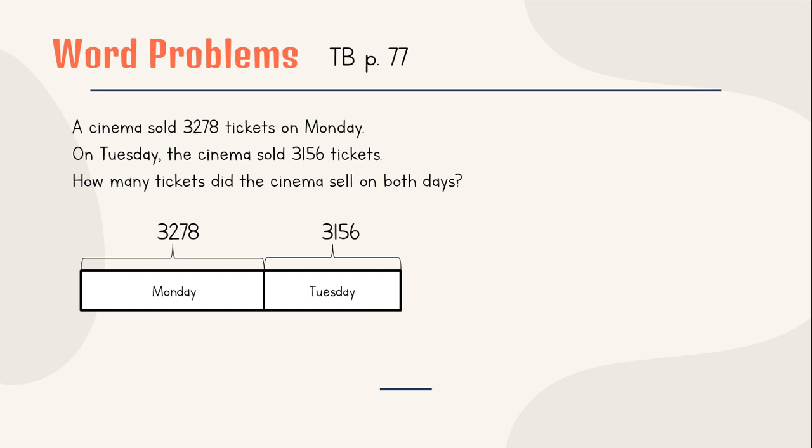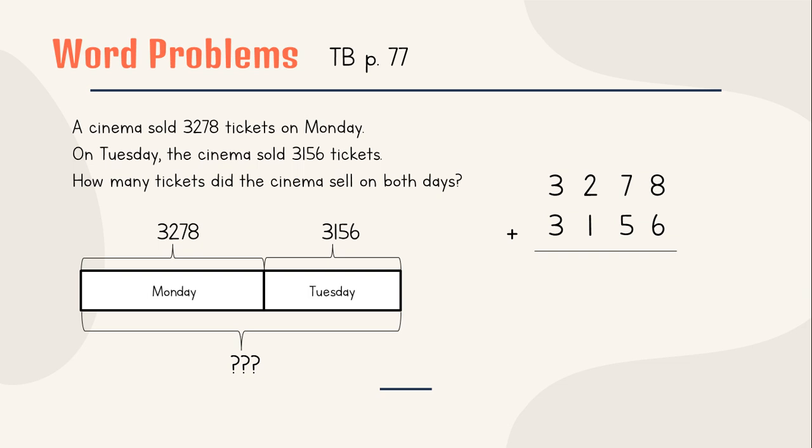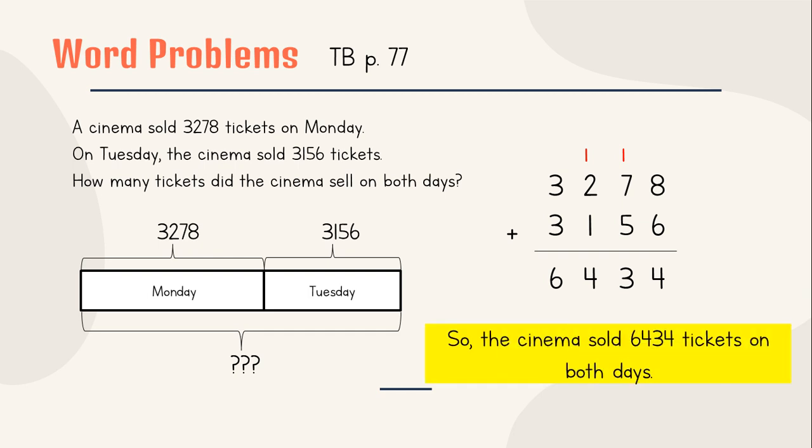Both days means both of them or all of them. It means what? Addition. 8 plus 6, 14. So we keep 1 in the tens. 1, 7, 5, 13, 100. That's it. 1 plus 2, 1, 4, and 3 plus 3, 6. So how many tickets did the cinema sell on both days? 6,434 tickets on both days.